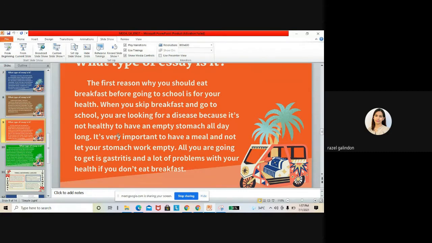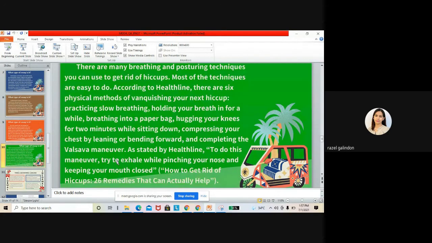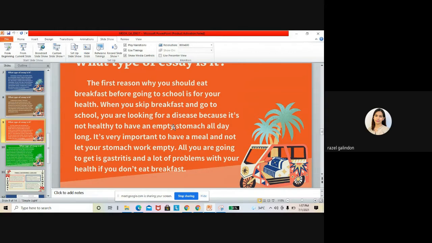Di ba dito sa expository natin, nag-provide ng reference saan niya nakuha yung information na yan, that these are the techniques that we have to do to get rid of hiccups. So, binilagay ng author o ng writer yung reference kung saan niya nakuha yung information na yan. Unlike dito sa persuasive, it is an own point of view of the writer.